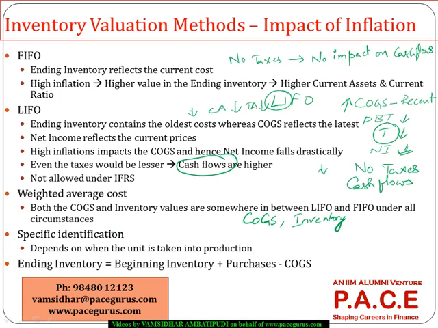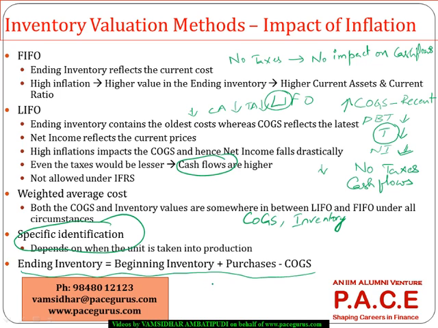And if we are talking about specific items, where each raw material can be identified specifically with the element that is getting produced and sold, then we will be using a specific identification method to value the inventory.